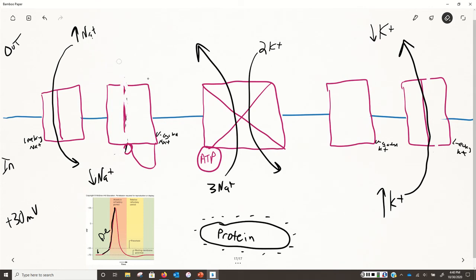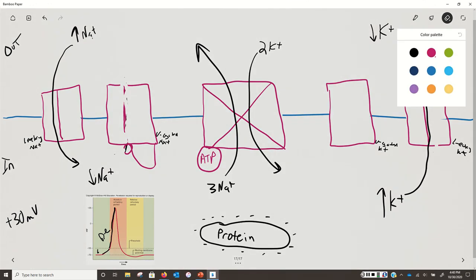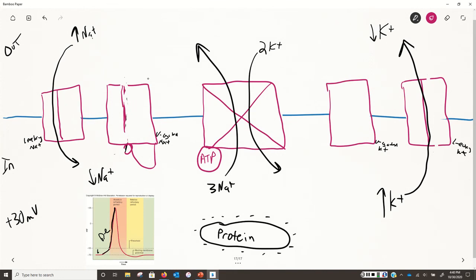Sodium continues to come through the leaky channel, but it can no longer come through the voltage-gated channel. Now, the voltage-gated channel is still open, it's just inactive. It's going to start to close, but the closing process is really slow. It's slowly squeezing shut. And as it's slowly squeezing shut, sodium is still trying to come through, but it can't because the exit is blocked by this inactivation gate.